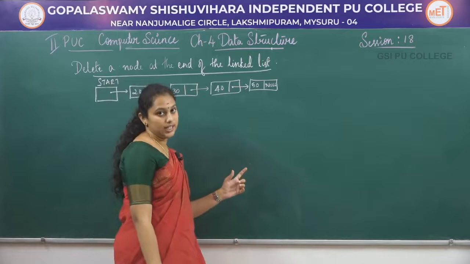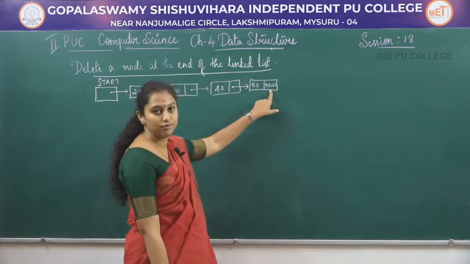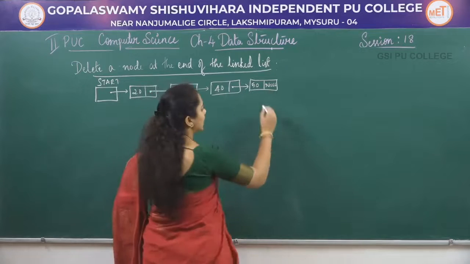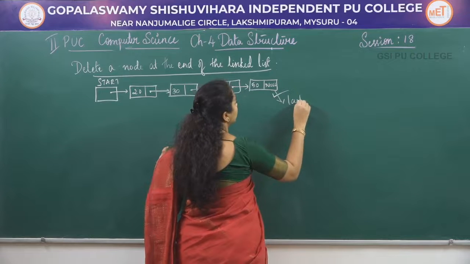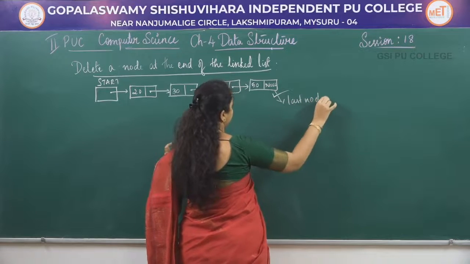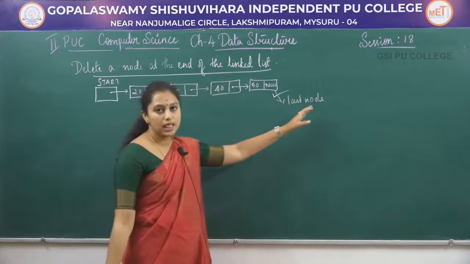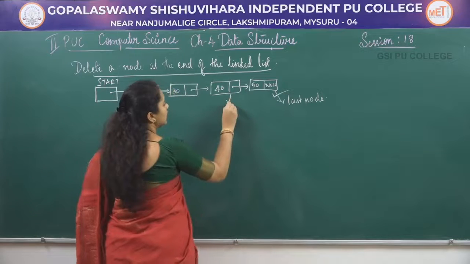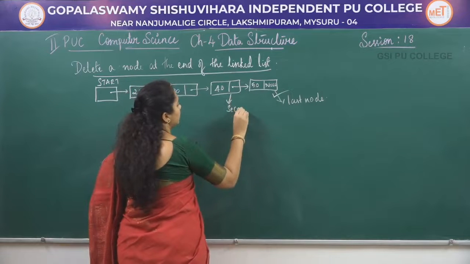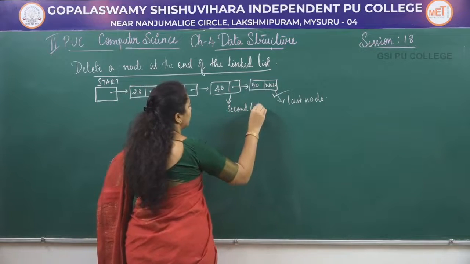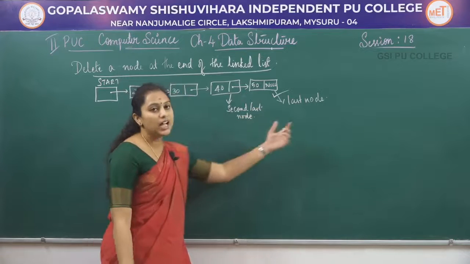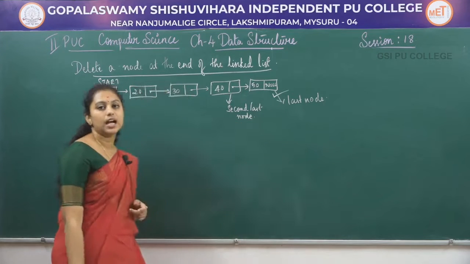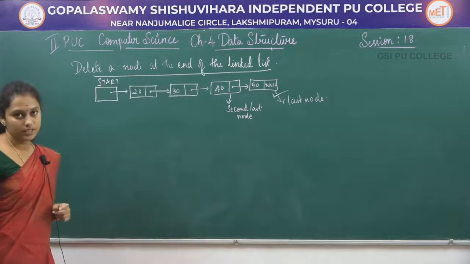If a node contains null in the link field, then we say it is the last node of the linked list. So this is the last node and this is the second last node. First we have to find out the last node as well as the second last node of the linked list.